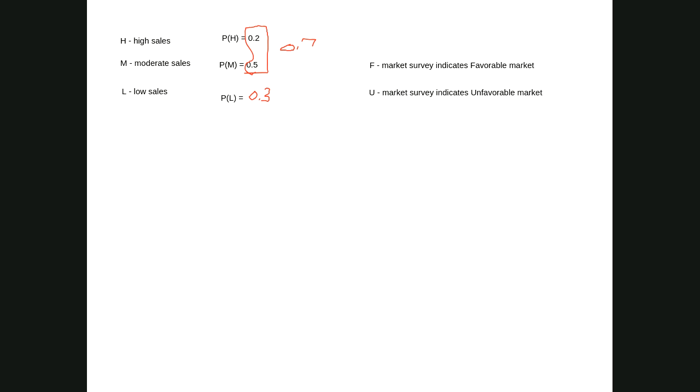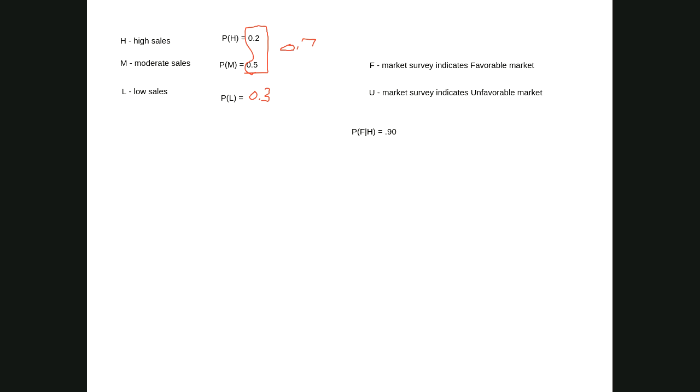All right, then the other information that we're given is only with respect to the favorability of the report. We're given that the probability of a favorable report given high sales in the past is 90%. In other words, that was relatively easy to predict.